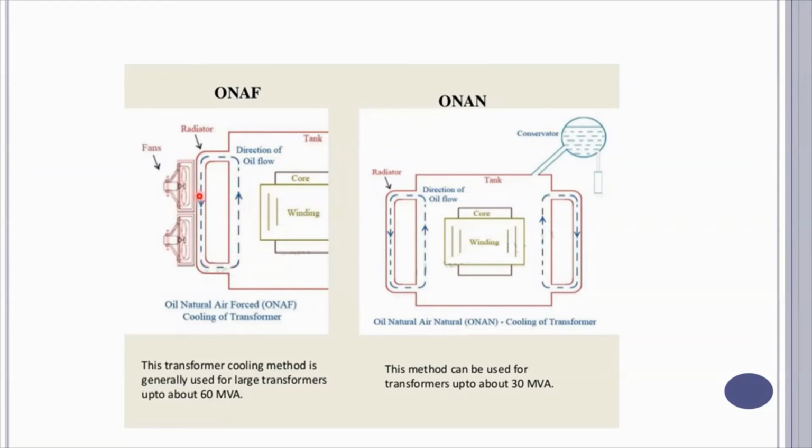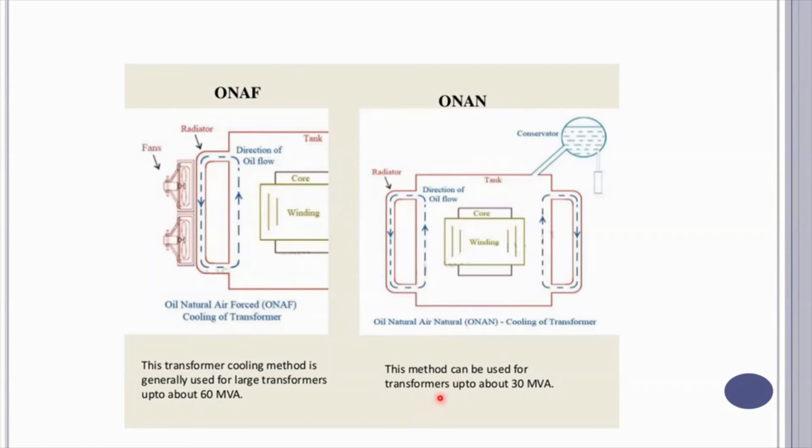Instead, as you cool this oil, okay, the oil that is cooled here just moves, and the hot oil that is present here is forced into the radiator. So that's how cooling is going to occur here. Thus, all the heat within this tank is cooled by means of forcing air. And here you don't have any fans at the radiator. So natural air that falls on the radiator is going to cool the system.